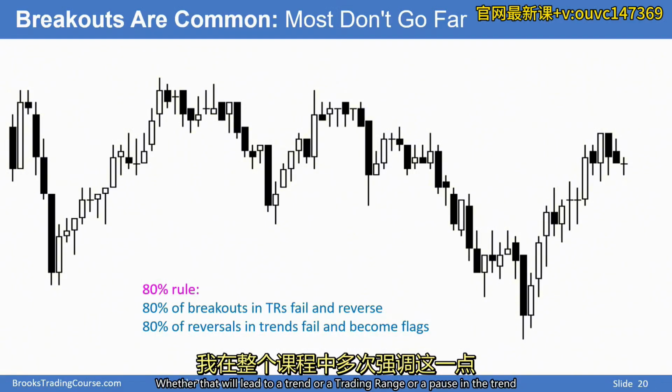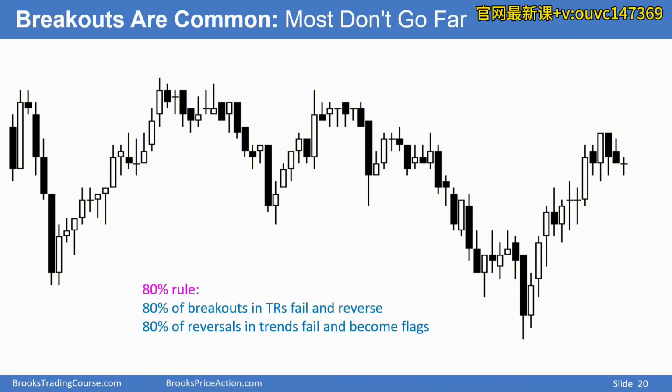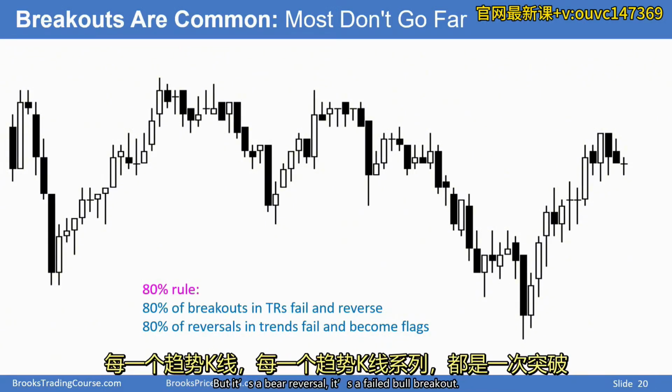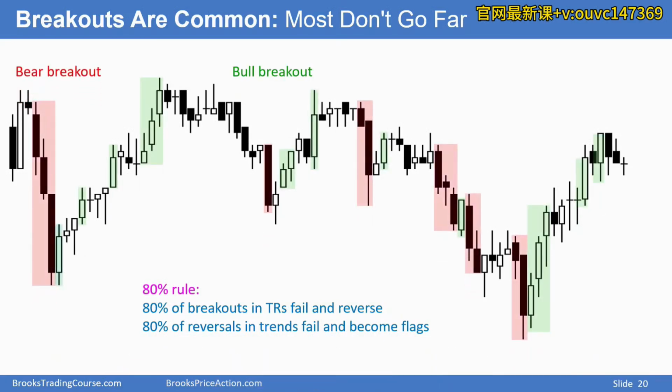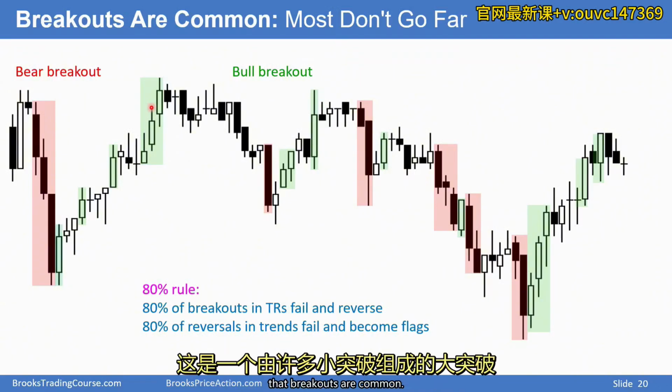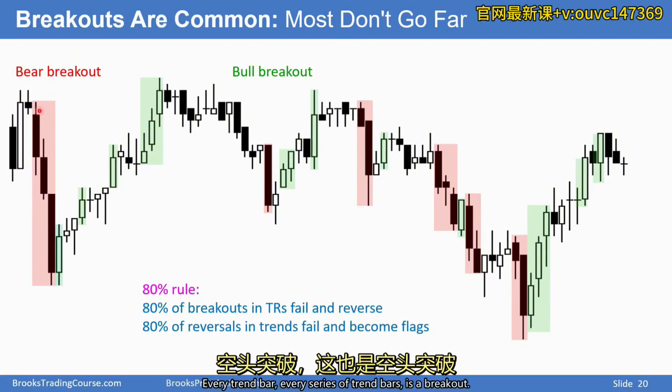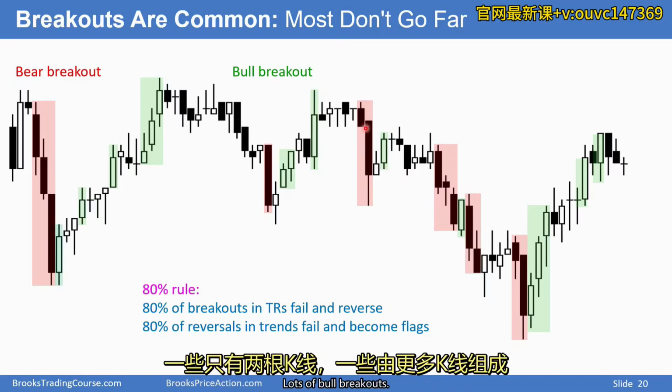I've made this point many times throughout the course that breakouts are common. Every trend bar, every series of trend bars is a breakout. Lots of bull breakouts. This is a big bull breakout made up of many smaller bull breakouts. Bear breakout, other bear breakouts. Some have 2 bars, some have more.